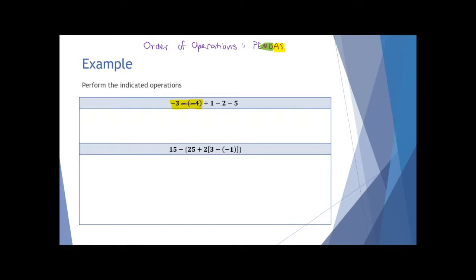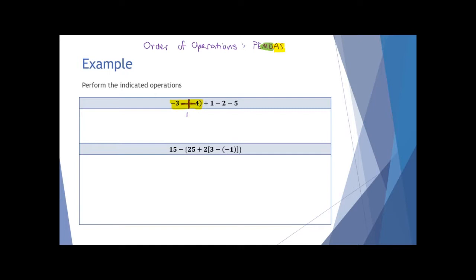What I think is helpful is just turn that into a plus sign to help you remember that. So you have -3 plus 4. -3 plus 4 is the same as 4 minus 3. Our answer is going to be positive because the 4 is positive and that's bigger. So 4 minus 3 is 1. So that gives us 1.